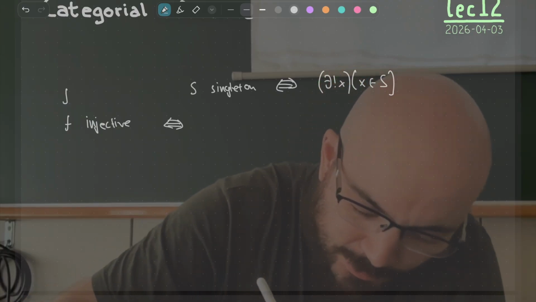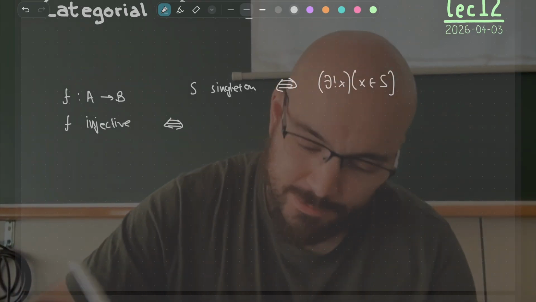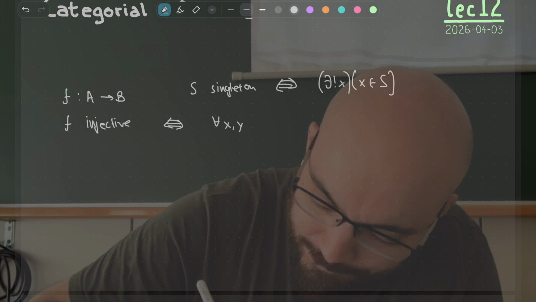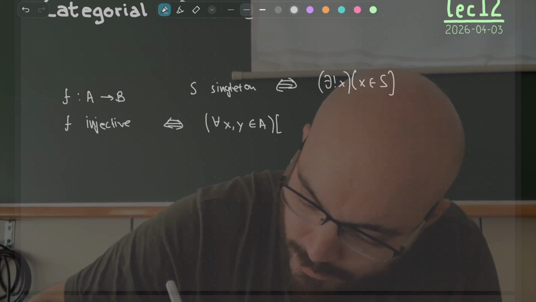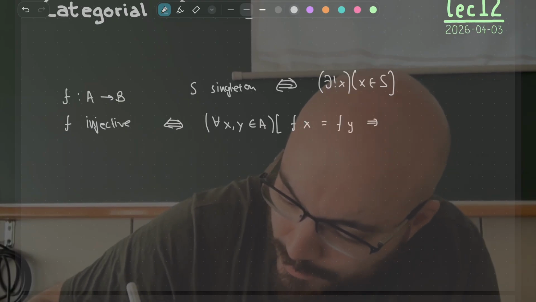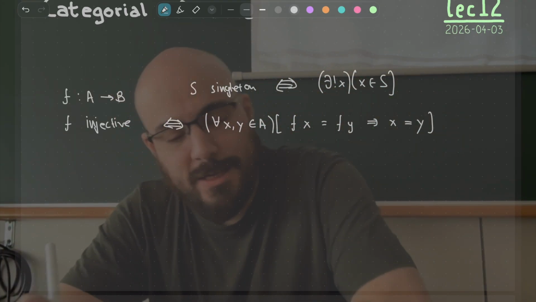You have some function f from A to B, and you will say that this is injective if for all x and y in A, I'm writing like a set theorist now, you will have f(x) equals f(y) implies x equals y. So it's the same thing.